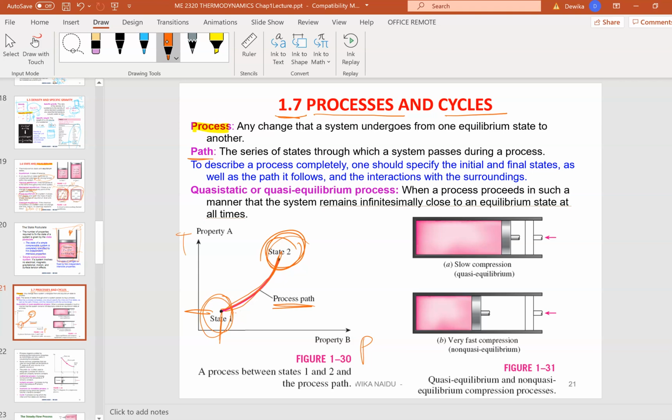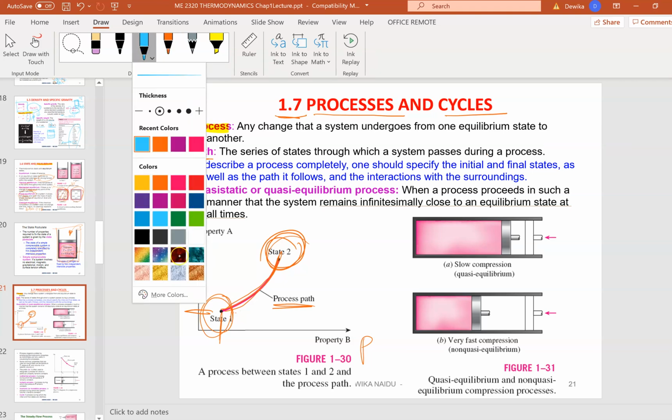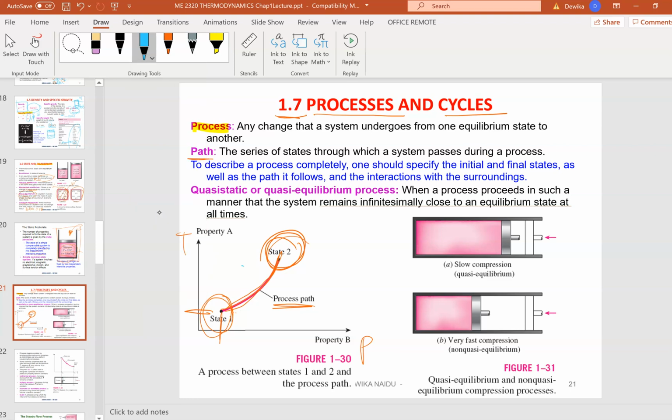Like for example, you are coming from home to Sunway College. You start from your home, and then you come to Sunway College, right? State 2, for example. You take a path, a process path. Some of you take CASAS, some of you may take Federal Highway, some of you may take maybe NPE.